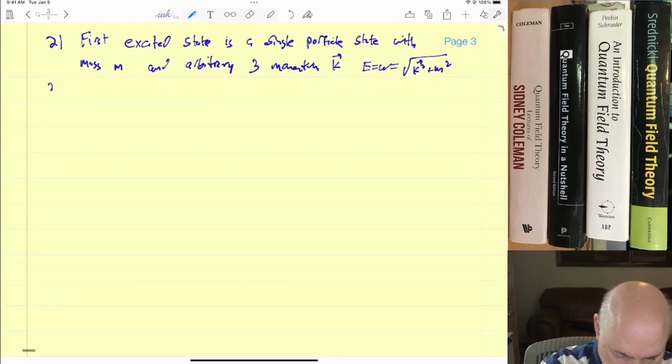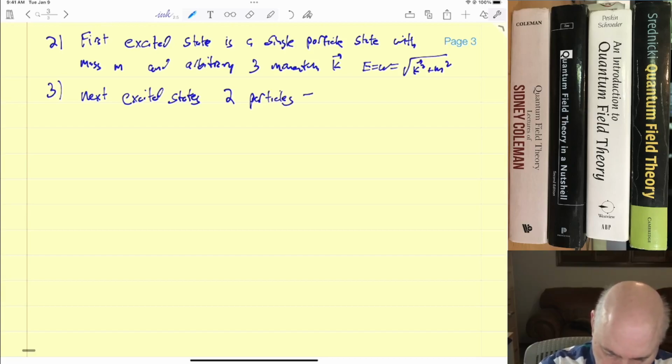Now, the next excited states have 2 particles, and we're going to assume that there are no bound states.